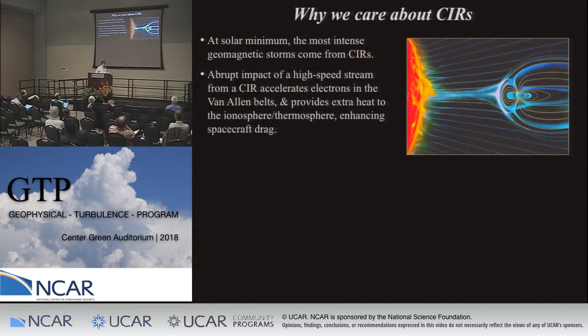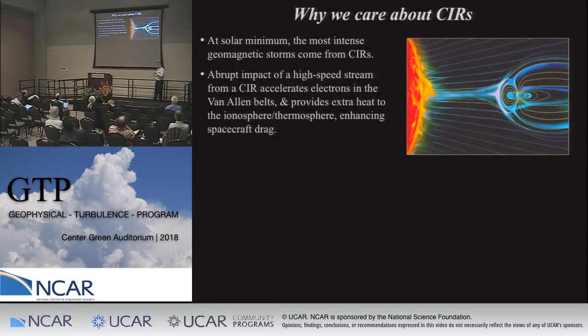There are several practical reasons for understanding these corotating streams. At the maximum of the solar cycle, these streams aren't that important for space weather, for all the potential hazards that the variation in the sun and the solar wind can give us. At solar maximum, it's the flares and the coronal mass ejections and the really violent things.